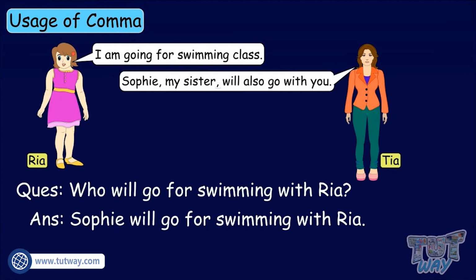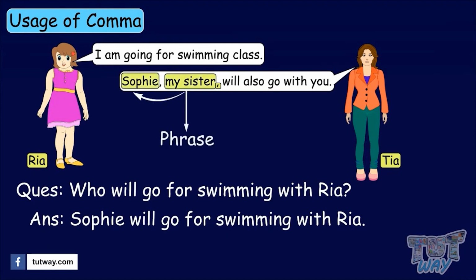Because we have a second comma in the sentence, Sophie, my sister, that means my sister is a phrase that's explaining Sophie. It means Sophie is the name of Tia's sister. As Tia says, Sophie, my sister, will also go with you. That means Tia is saying, my sister Sophie will go with you. And you refers to Ria here.